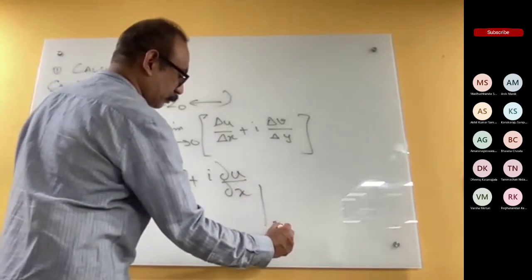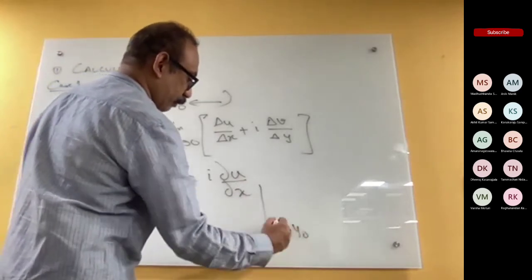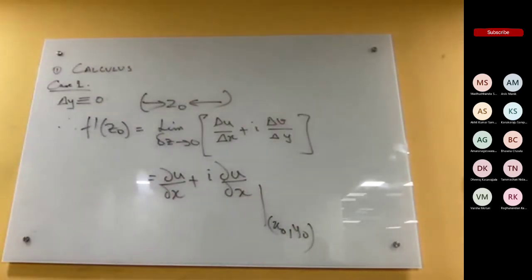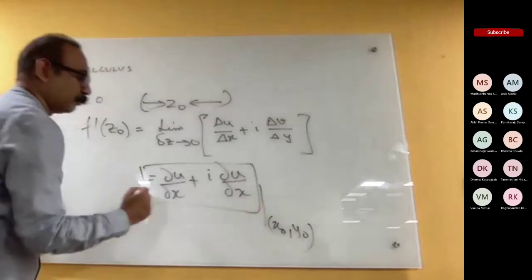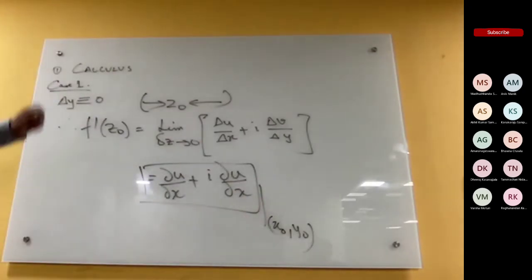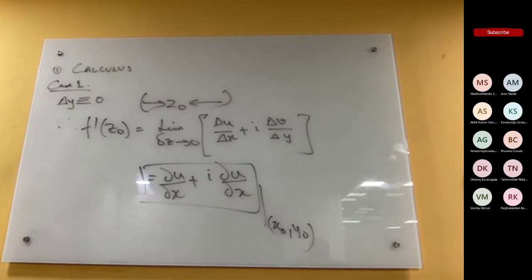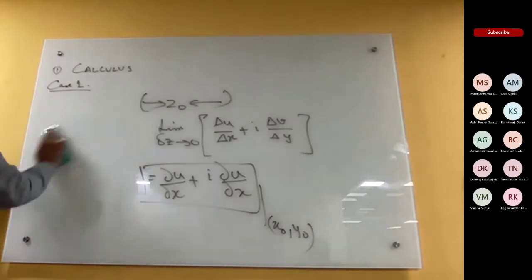This is at some x0, y0, whatever, but that doesn't matter. Correct? So this is the partial. And we'll see why that comes up when you do the Cauchy-Riemann. So this is clear, right? Very simple. I'm not trying to do anything complex. I'm just hoping you are understanding the chain behind my thought as I'm doing this.